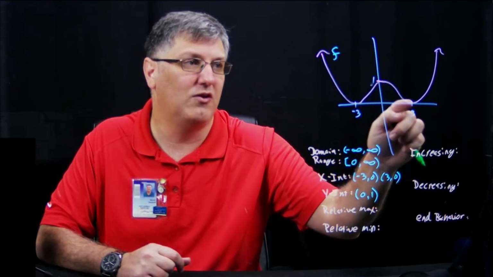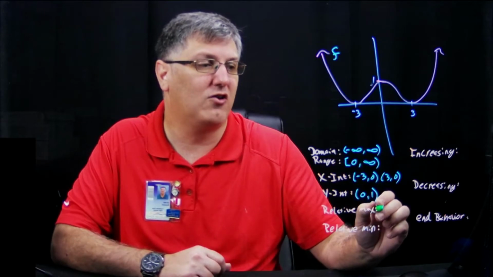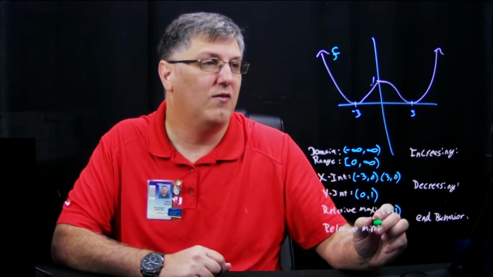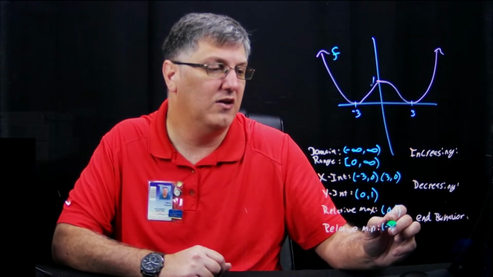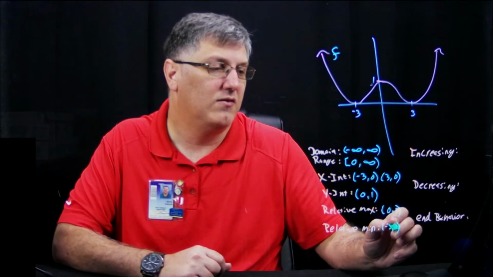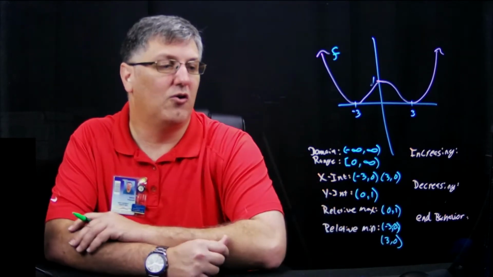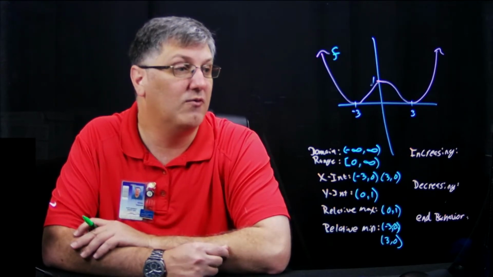Now these are also points, so my relative max occurs at 0, 1. My relative minimum, well, they occur at -3, 0 and at 3, 0. So those are my relative max and relative mins. Like I said, I'll go more in detail in a different video.